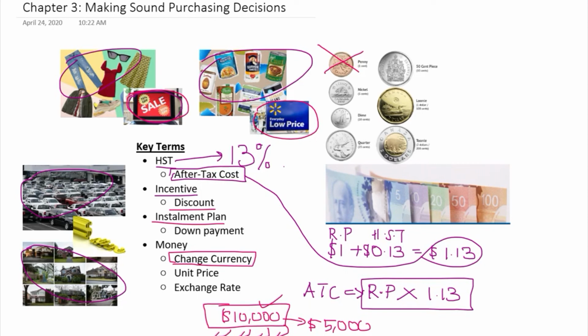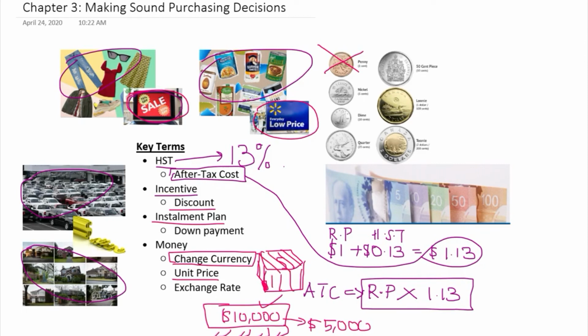And then we're going to look at unit price, which means that if I have a package right here which contains many pieces, how much is one piece when you know the whole package price and the quantity contained in this particular package?